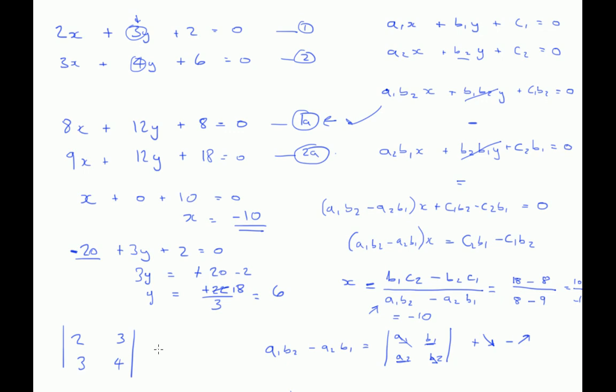If we take this thing that we are going to call the determinant, so it's a determinant of the second order, we calculate its value by 2 times 4, so this diagonal times this diagonal, which is 8, and then we subtract this diagonal times this diagonal. 3 3s are 9, so we get -1, which is what we got down here.